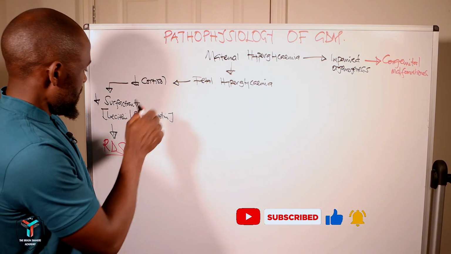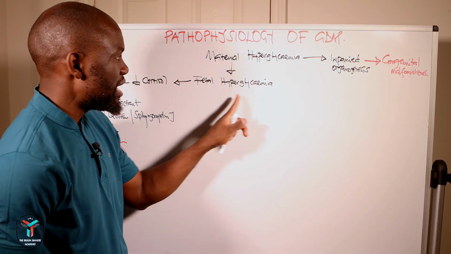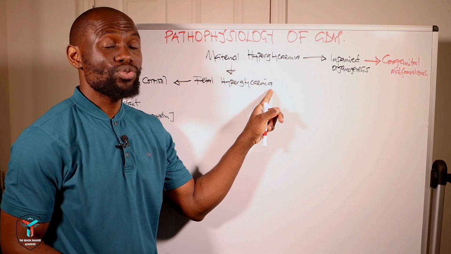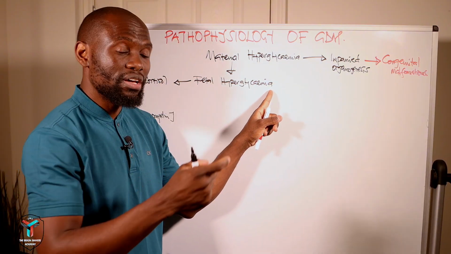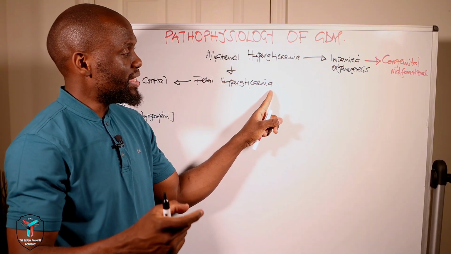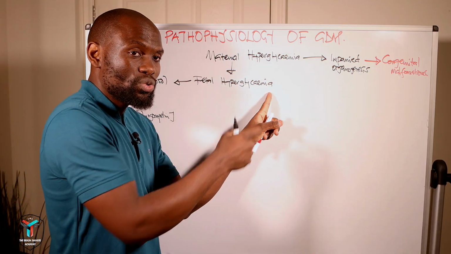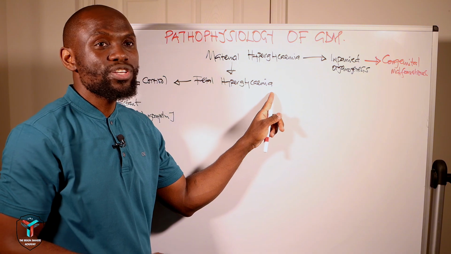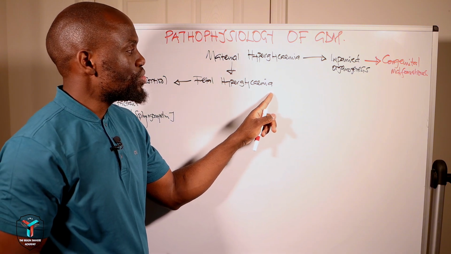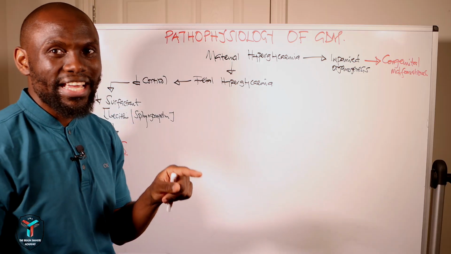Now, if we have fetal hyperglycemia, it also is going to cause the signs and symptoms of high glucose levels. We know that there is polyuria in cases of high glucose levels. So the fetal hyperglycemia here is going to lead us into a situation where we are going to have osmotic diuresis.